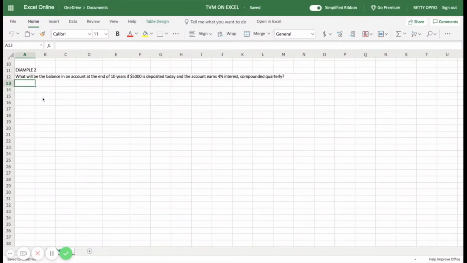What will be the balance in an account at the end of 10 years if $5,000 is deposited today and the account earns 4% interest compounded quarterly? So we are asked to find the future value here. What we have is n.